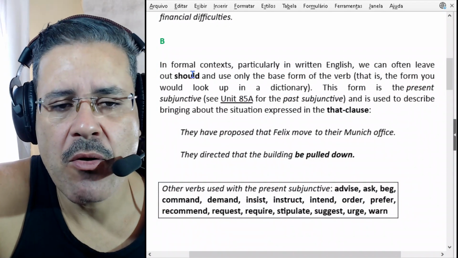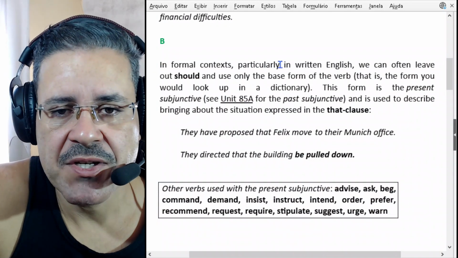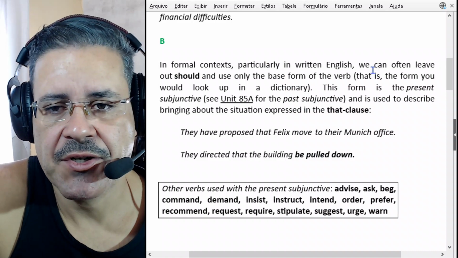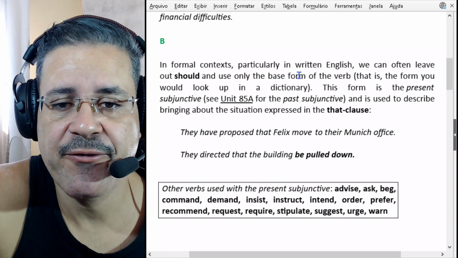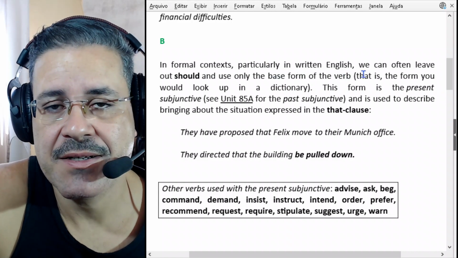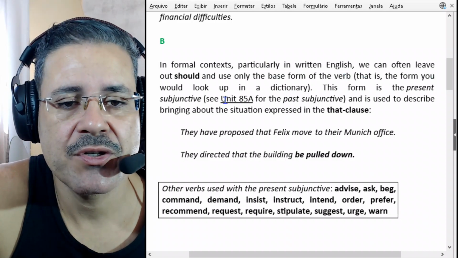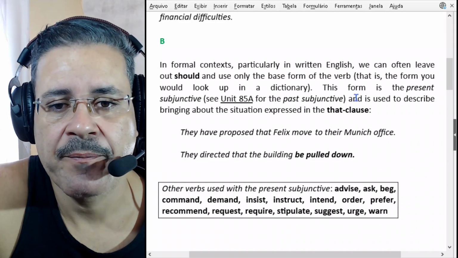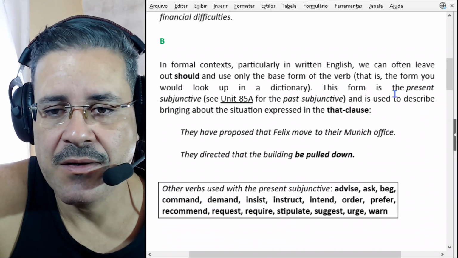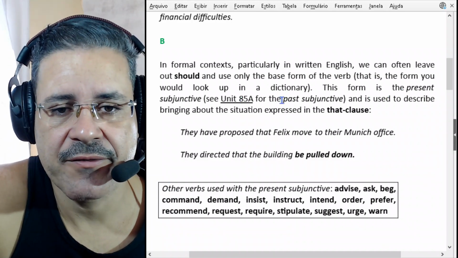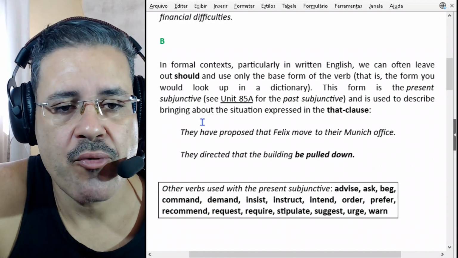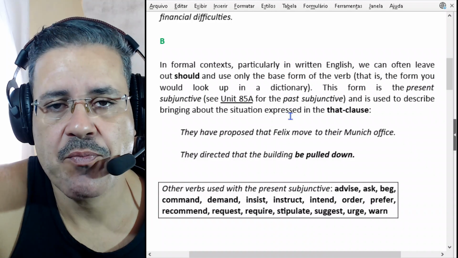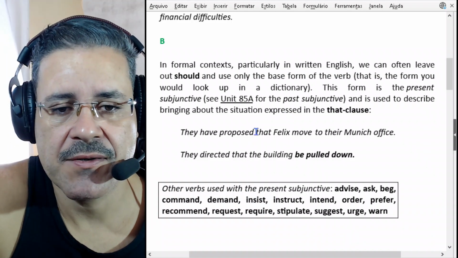Okay, moving on. This is section B. In formal contexts, particularly in written English, we can often leave out should and use only the basic form of the verb, that is, the form you would look up in a dictionary. This form is the present subjunctive and is used to describe bringing about the situation expressed in that clause.